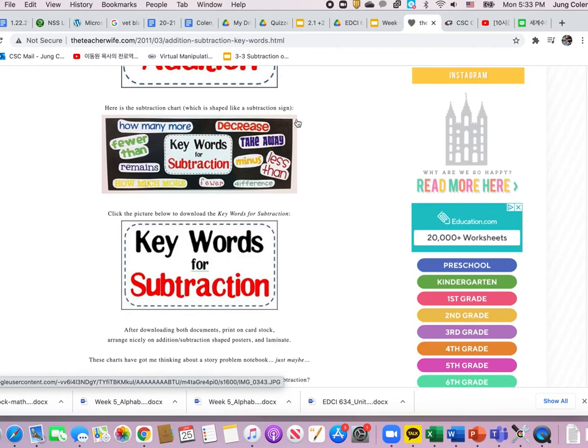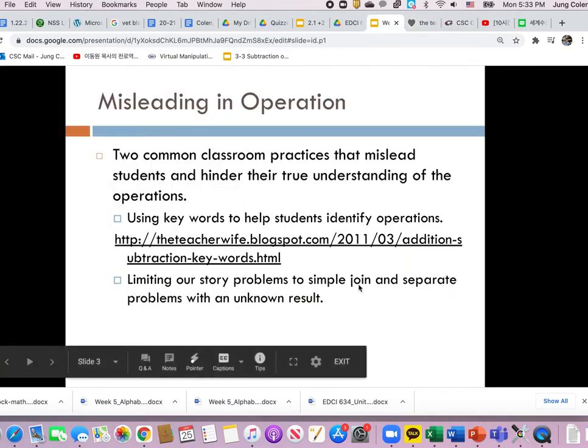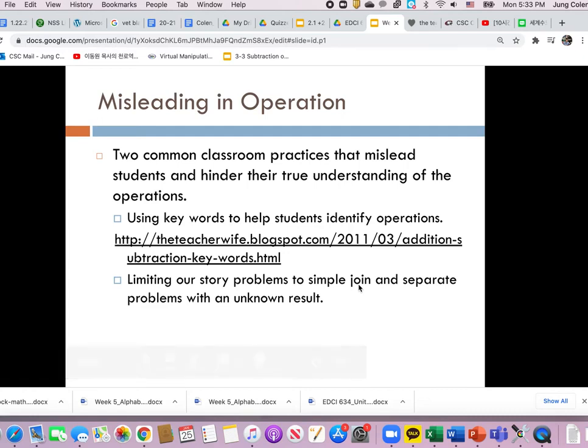Okay, separating. But sometimes you have to use the addition operation to solve that story problem. Okay, so keep that in mind, and you need to emphasize to your students not to rely only on the words, but to look at the context.